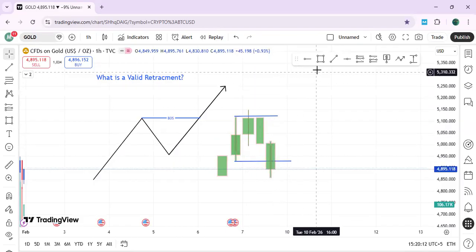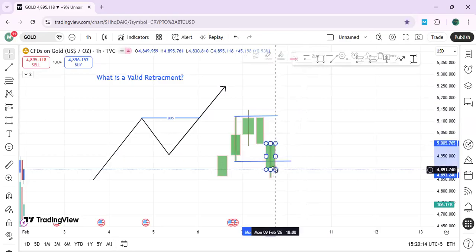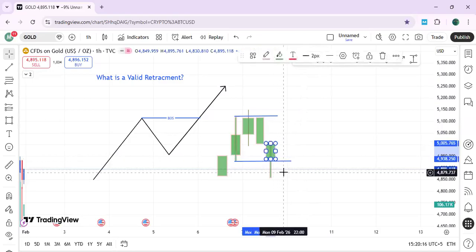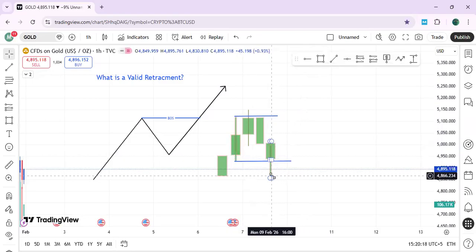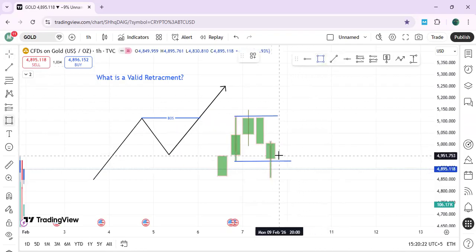Okay, understand? If the body of the candle closes in that way, then this one is not a valid retracement.